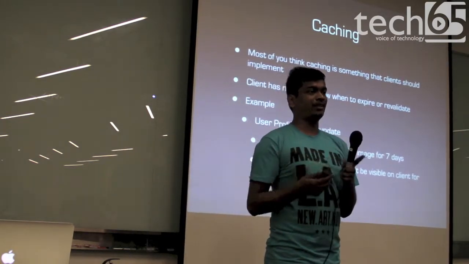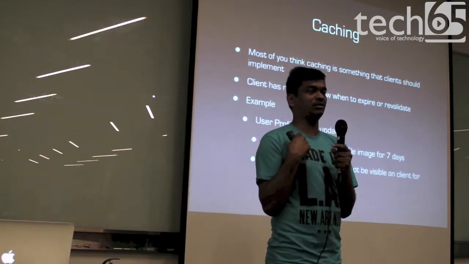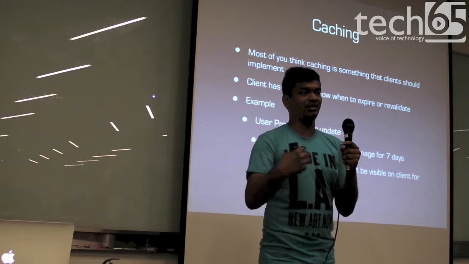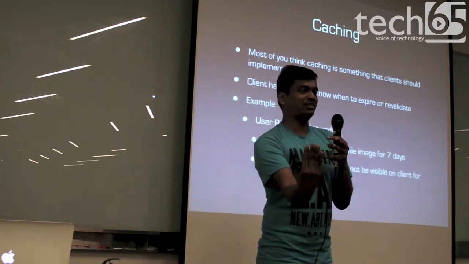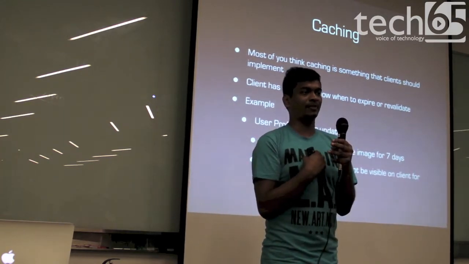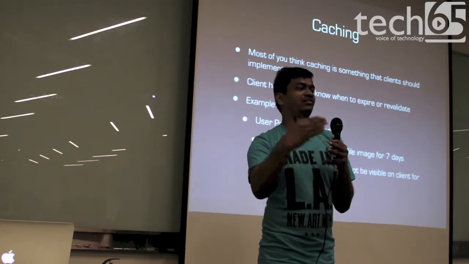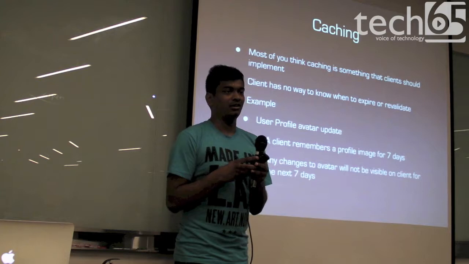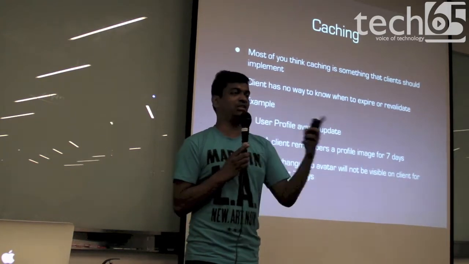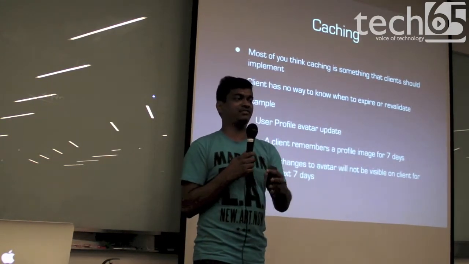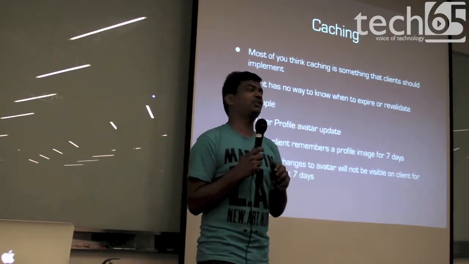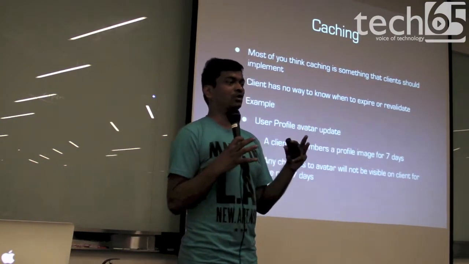Assuming Facebook, I update my avatar picture, but before I update, he is a friend of mine and his device has cached my old picture. He won't see the new picture for the next 7 days because his device does not know when to refetch the same image. It shows the old stale image for the next 6 days till it is deleted by the local caching mechanism. Right? HTTP has standards to overcome all this.